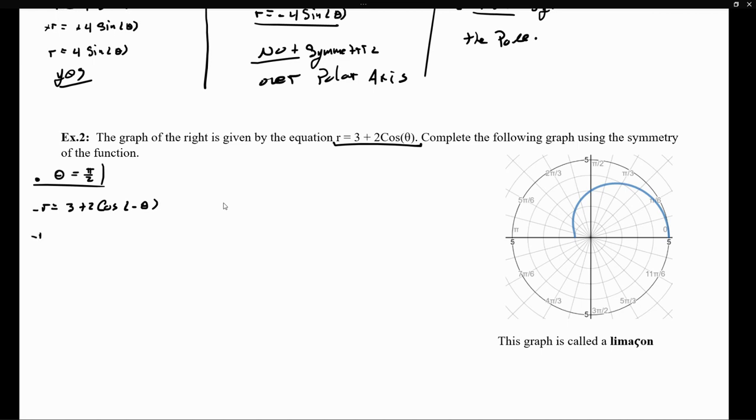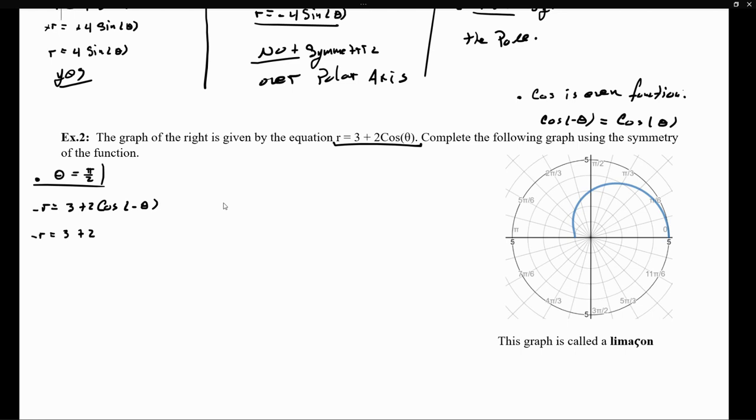And now let's see if it gives me the same equation back. So negative r is negative r, 3 plus 2. But now notice that cosine is an even function, which states that the cosine of a negative angle is equivalent to just the cosine of that same angle in a positive value.